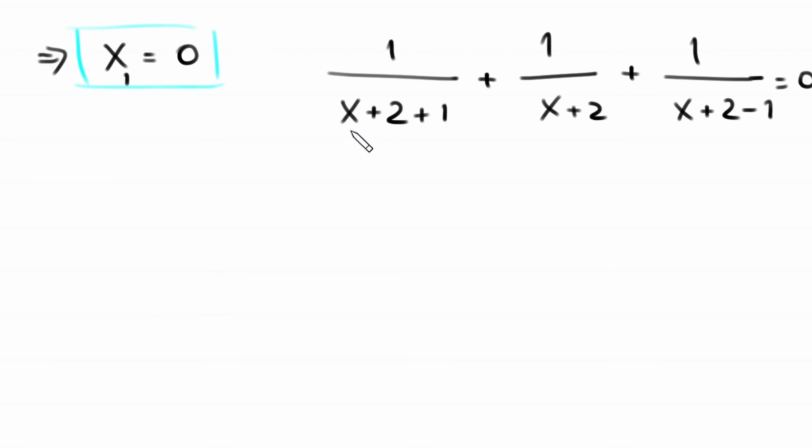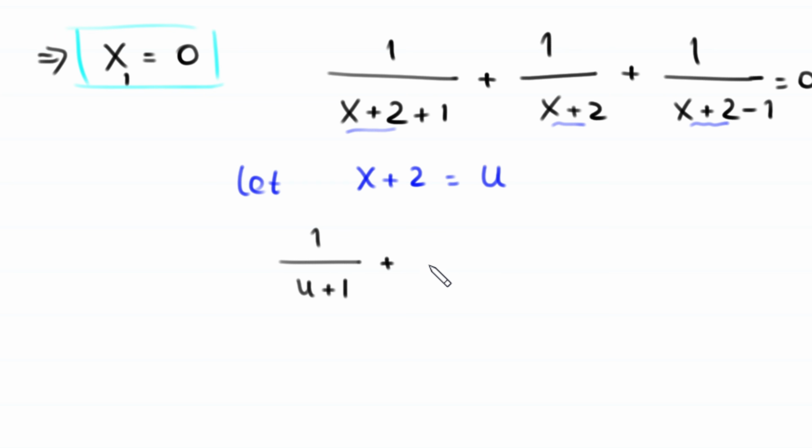Now we have the same expression x + 2 in each place, so we suppose that x + 2 equals u. So the equation becomes 1/(u + 1) + 1/u + 1/(u - 1) equal to 0.